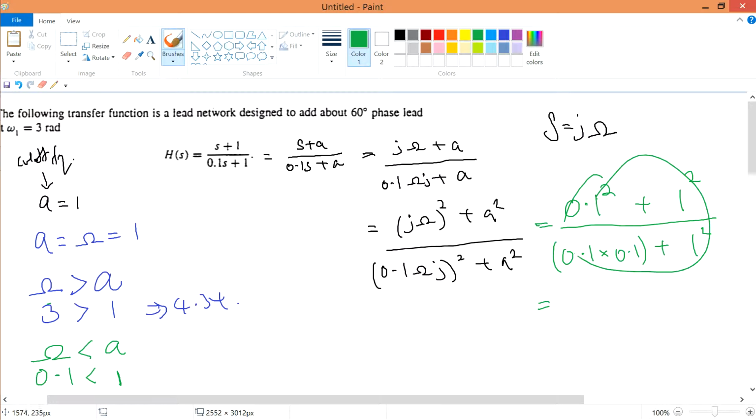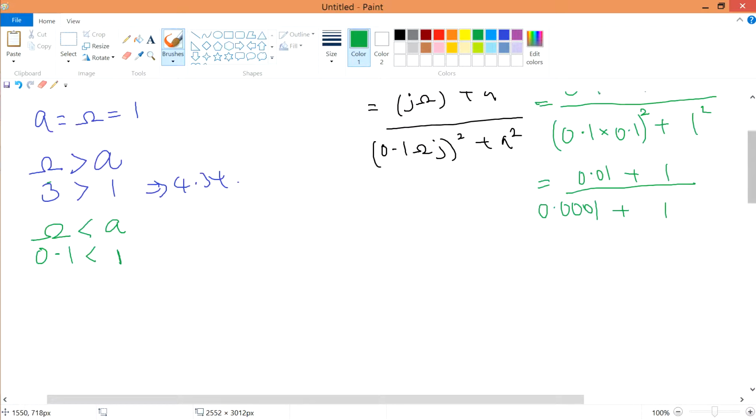So let's continue. 0.1 squared is actually 0.01, plus 1, divided by 0.1 times 0.1, which is 0.01, plus 1. As you can see, this thing over here has to be squared. So 0.01 squared is really a very small number, it's 0.0001.